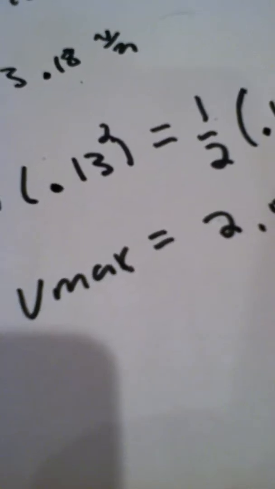And once we do out all the math, v max equals 2.5 meters per second. And that is A.